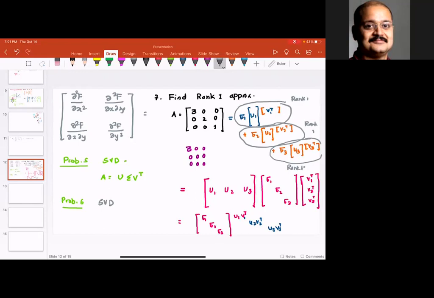So rank cannot be greater than 1. But that rank 1 matrix is weighted by the singular value, and that singular value indicates how important that matrix is. That's all the singular value does. Singular value decomposition is nothing but a Fourier decomposition of the matrix.